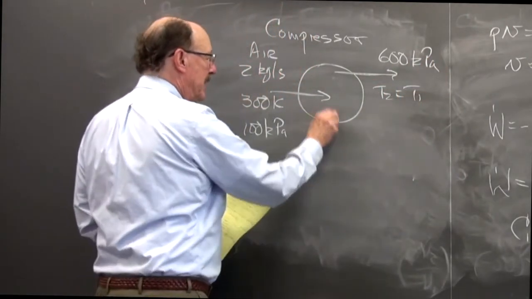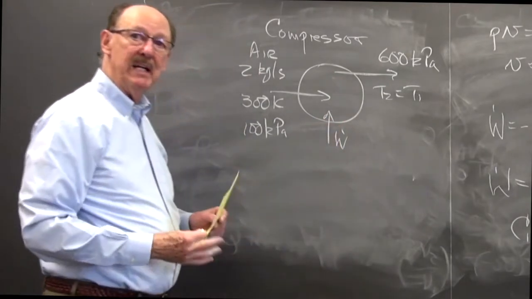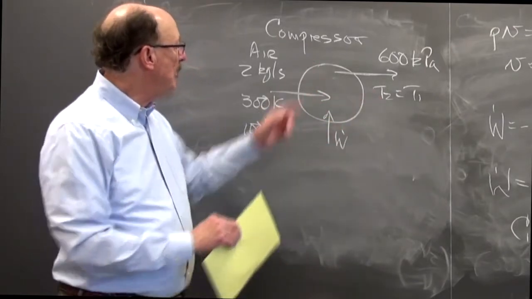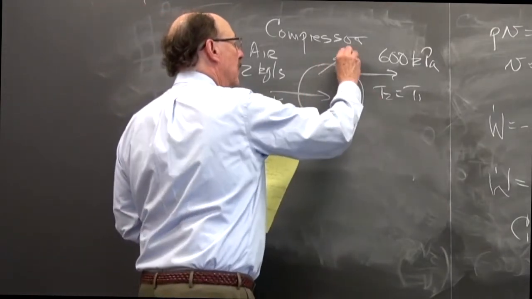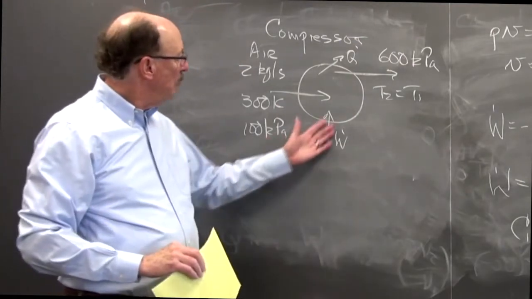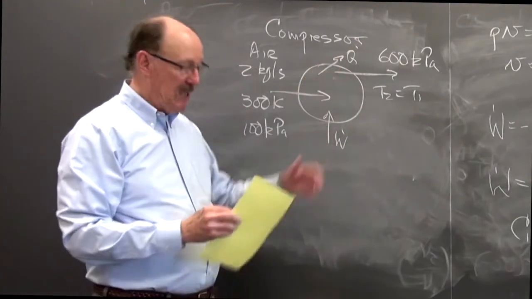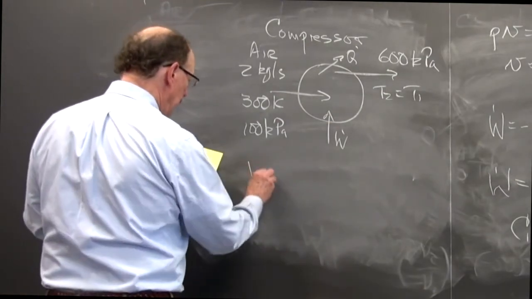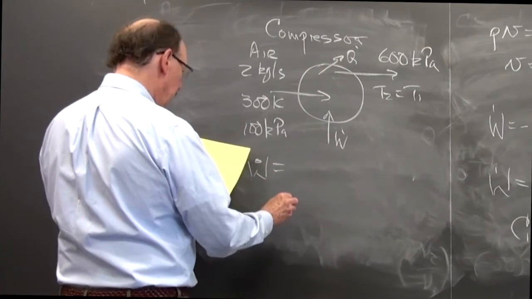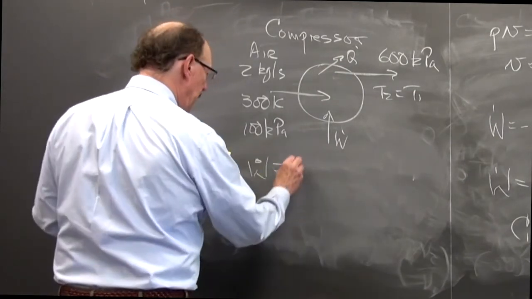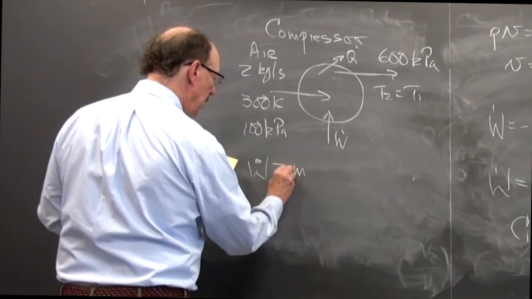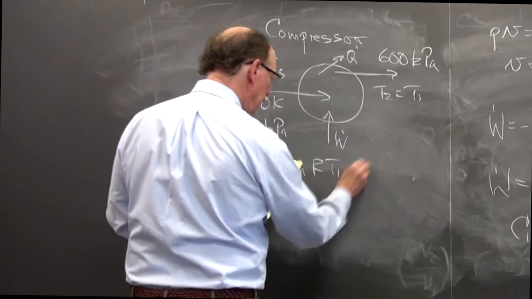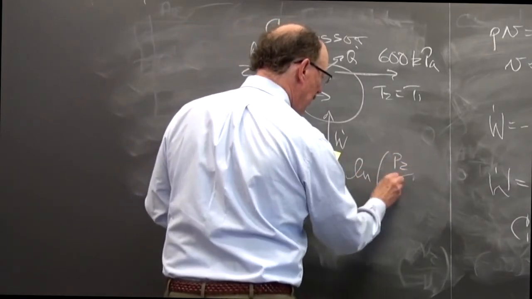I have power going in, and we saw that the heat is equal to the power, so I'm going to have heat going out. The power that goes in, the heat's going to be equal to it. We can find out what the power going in is. So W dot is equal to minus m dot RT1 times the log of P2 over P1.